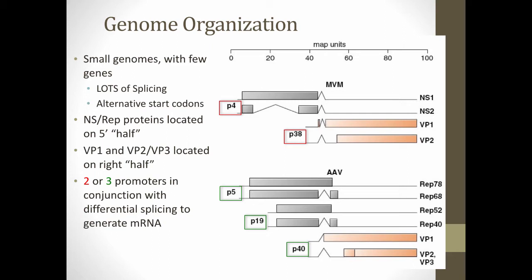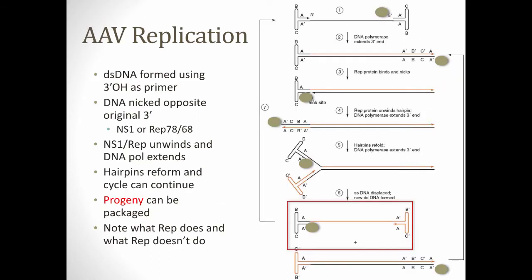So adeno-associated virus in particular here, at the bottom, there's a whole bunch of different adeno-associated viruses, are dependent on an adenovirus infection of the same cell in order to get virus replication because of the stimulation of the cell cycle that we've been kind of beating on here for the last half hour or so. But the replication of these genomes is very different.